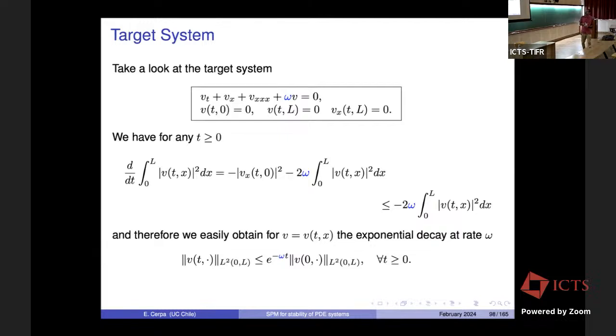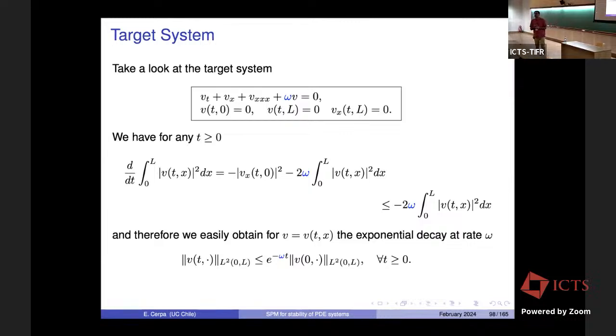Well, we look at what we call the target system for V. Of course, we can do the same computation as yesterday. Here we have the derivative of this energy. We find again this trace Vx at x equal to 0, and we obtain the internal term.